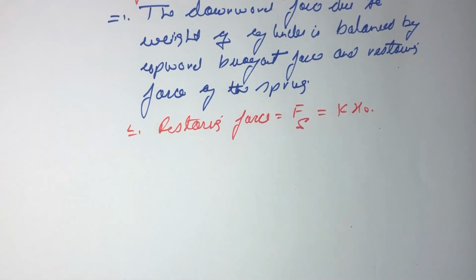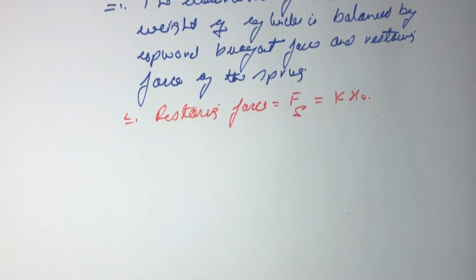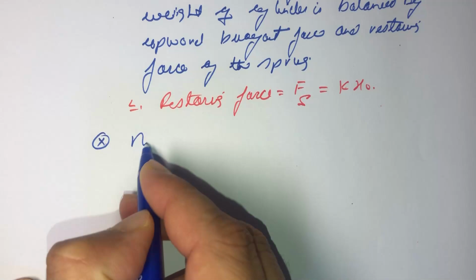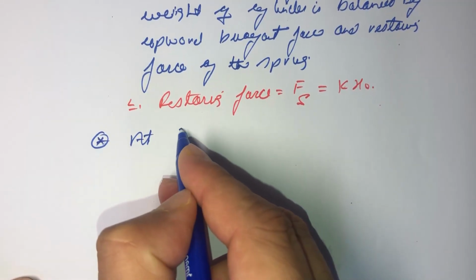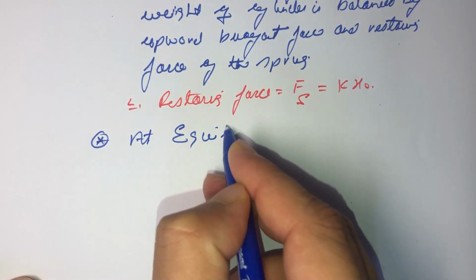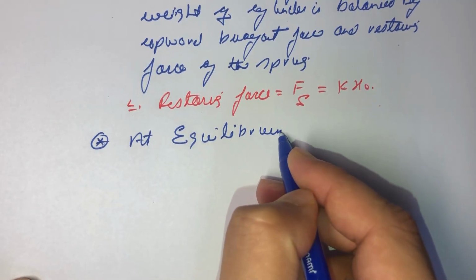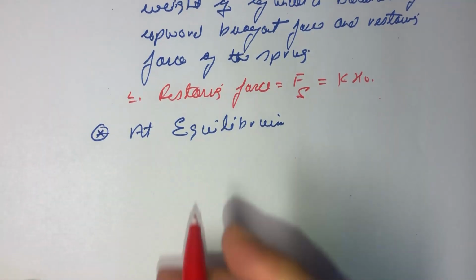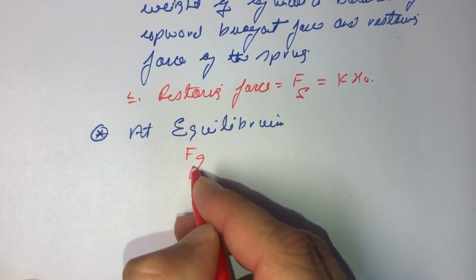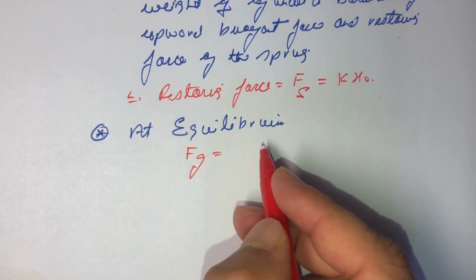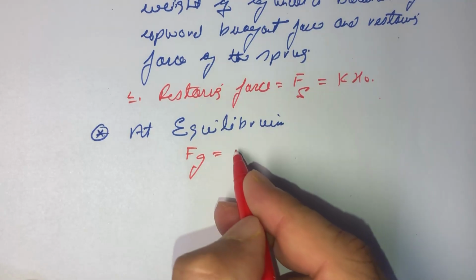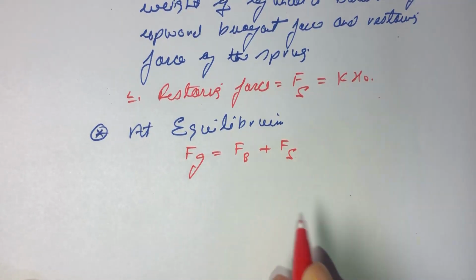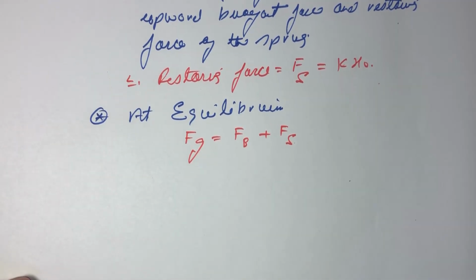So therefore we can write that at equilibrium, F gravity, that is Fg, downward force, will be equal to the buoyant force acting in upward direction Fb plus restoring force Fs acting in upward direction.